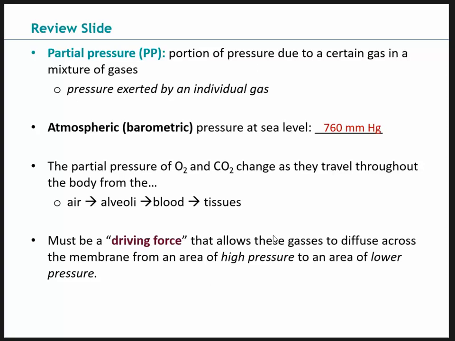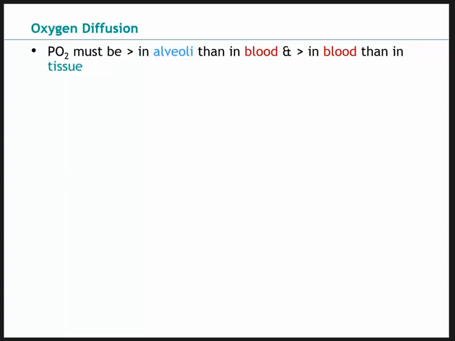Okay, so let's move on to oxygen diffusion, or the cycle of oxygenation. Oxygen diffusion into the blood depends on this top statement right here. So the partial pressure, that's what PO2 is. Partial pressure of oxygen must be greater in the alveoli than in the blood, and greater in the blood than it is in the tissue.